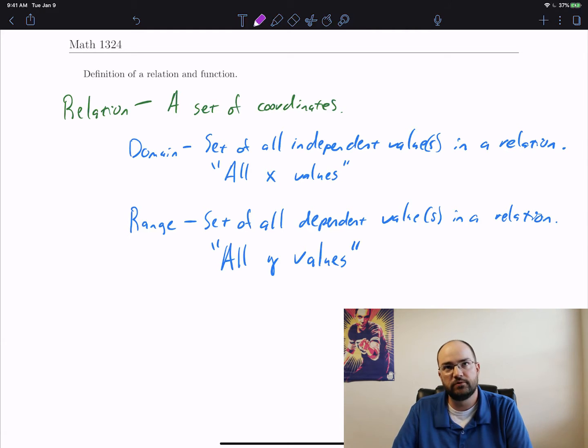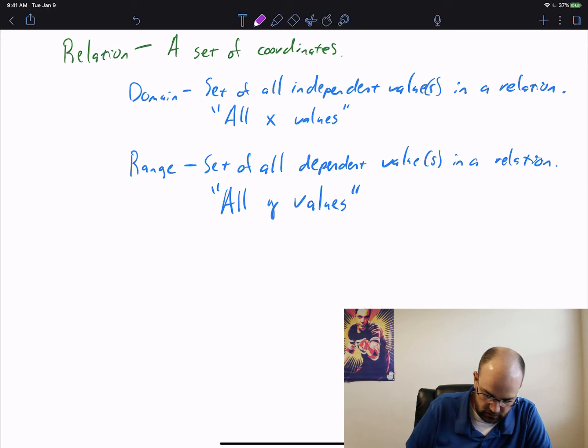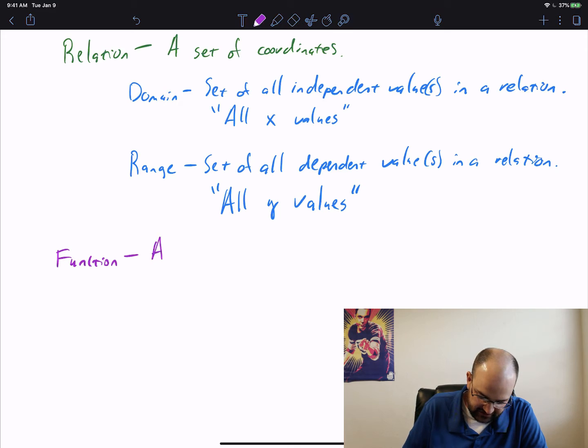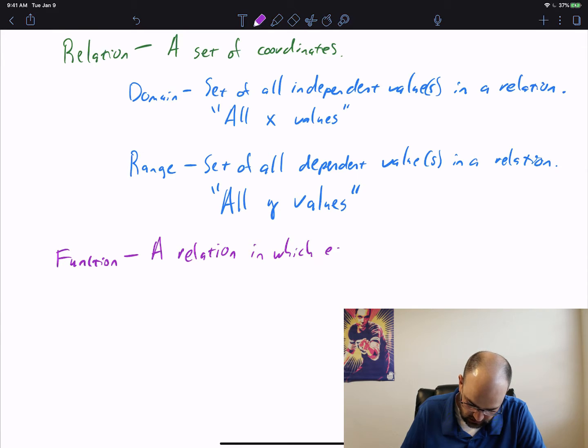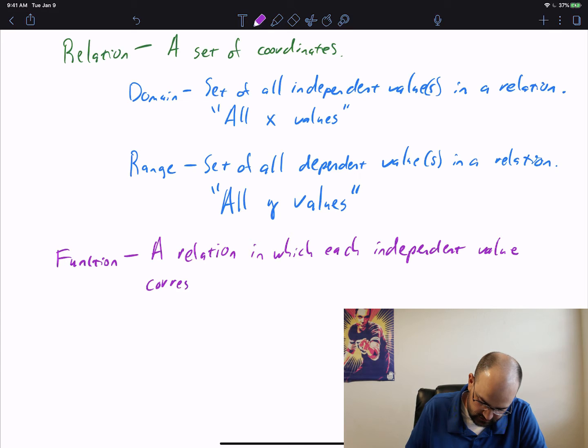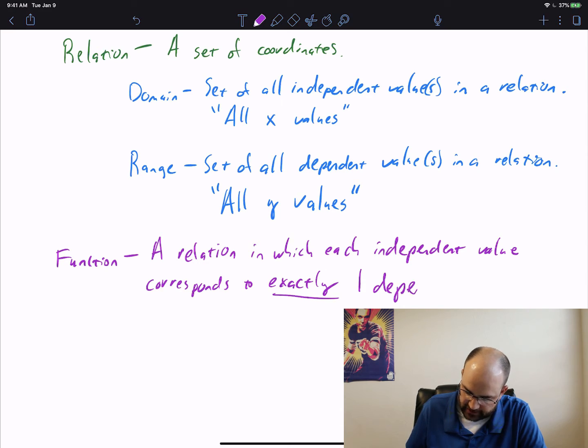If we contrast this to functions, functions are just a special type of relation. For a function, it is, in fact, a relation, which is the reason that we needed to talk about relations to begin with. But it is a relation in which each independent value corresponds to exactly one dependent value.